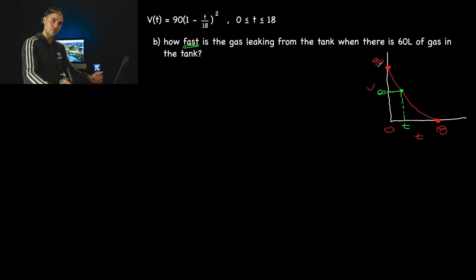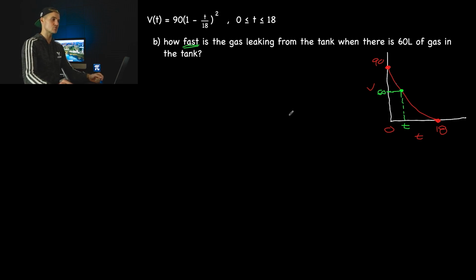From a graphical perspective, we have to find the slope of the tangent at that point, because the slope of the tangent is the instantaneous rate of change at that specific t-value. Okay, so that's what's going to be happening.